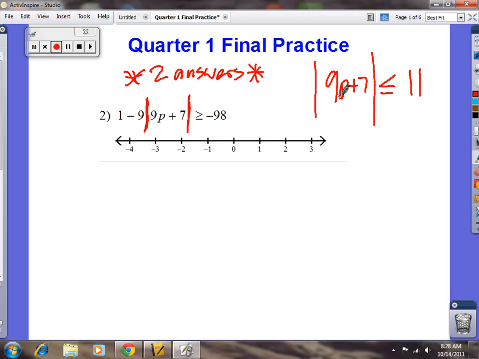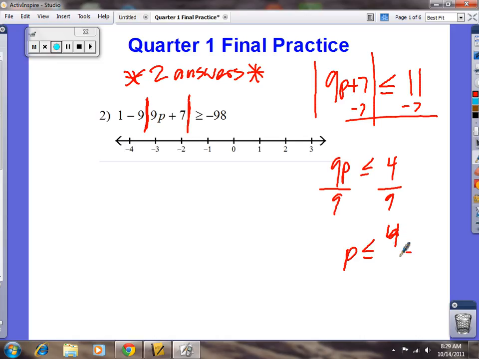Do you get rid of the 9 or the 7? Minus 7, minus 7. So now you have 9p is less than or equal to 4. Now you got to get rid of the 9. Divide by 9, divide by 9. P is less than or equal to 4 divided by 9.